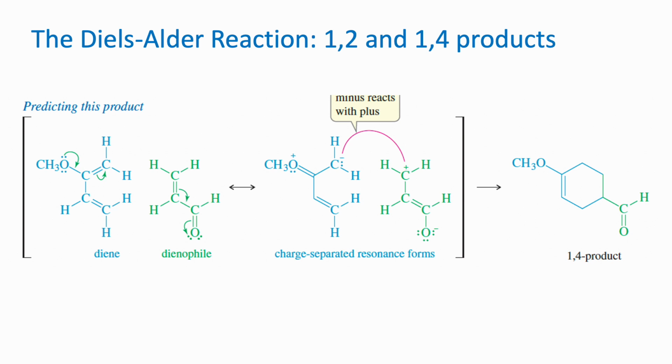The positive is the outcome of being associated with that electron withdrawing group. So when I have those two groups on the molecules in this fashion, they're always going to wind up reacting to give us a 1,4 product, never a 1,3 product. It has to do with these resonance structures.